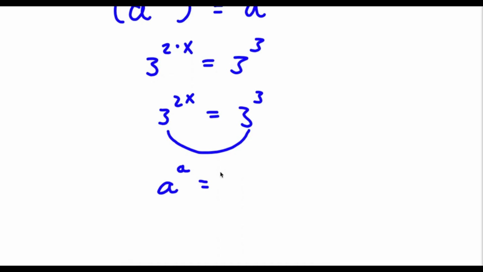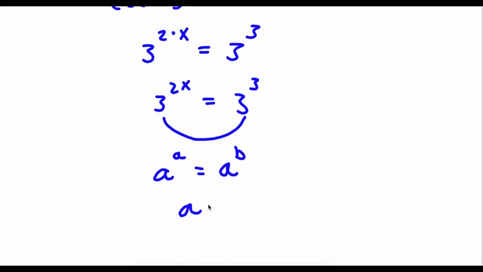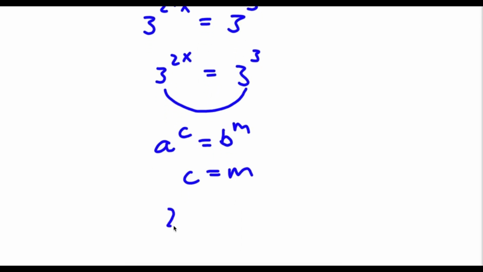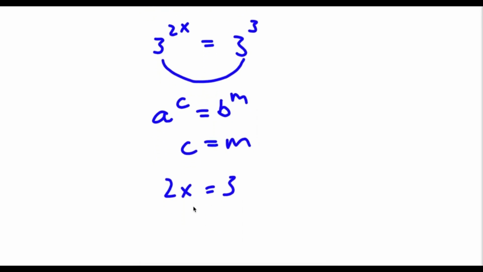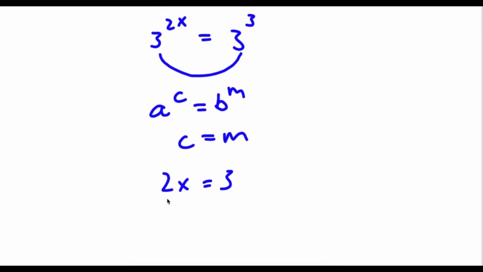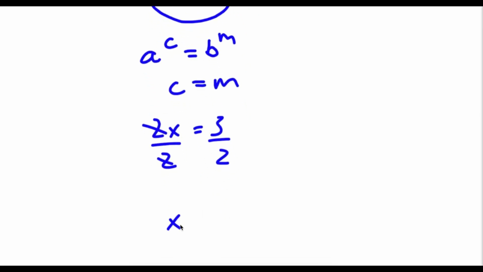If I have something in the form a to the power of c is equal to a to the power of m, this means that c is equal to m. So in this case, 2x is equal to 3. Now to solve this, simply divide both sides by 2. These two cancel out, and I'm left with x is equal to 3 over 2.